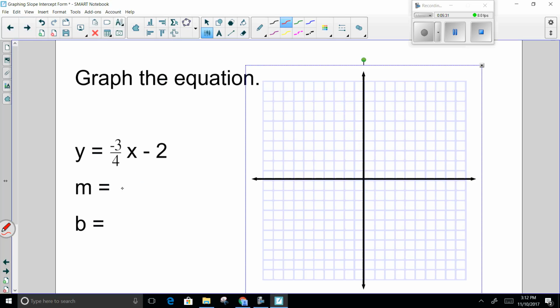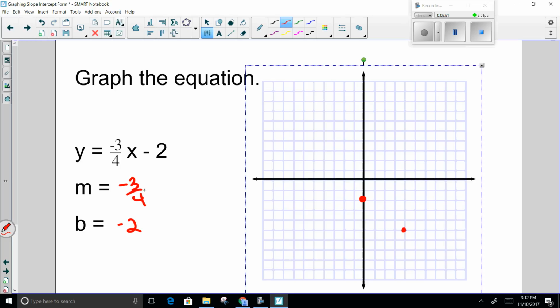So then let's look at the next one. The slope would be -3/4. The y-intercept is -2. So we go to -2 on the y-axis, put our point. Then we have a slope of -3/4. That means to rise -3, run 1, 2, 3, and 4.